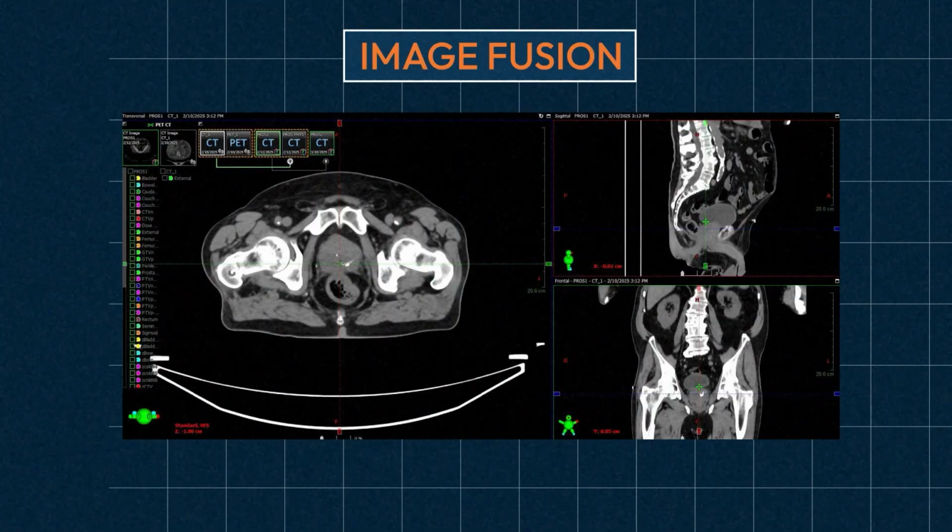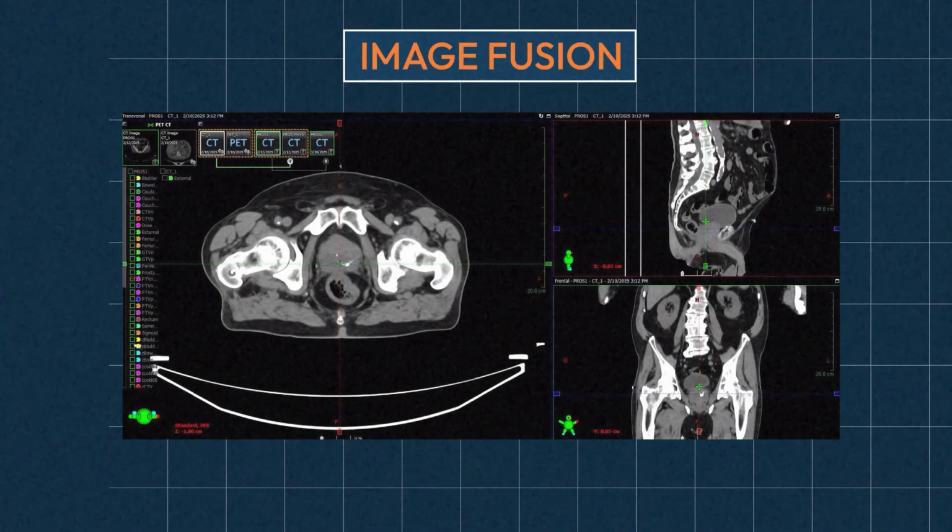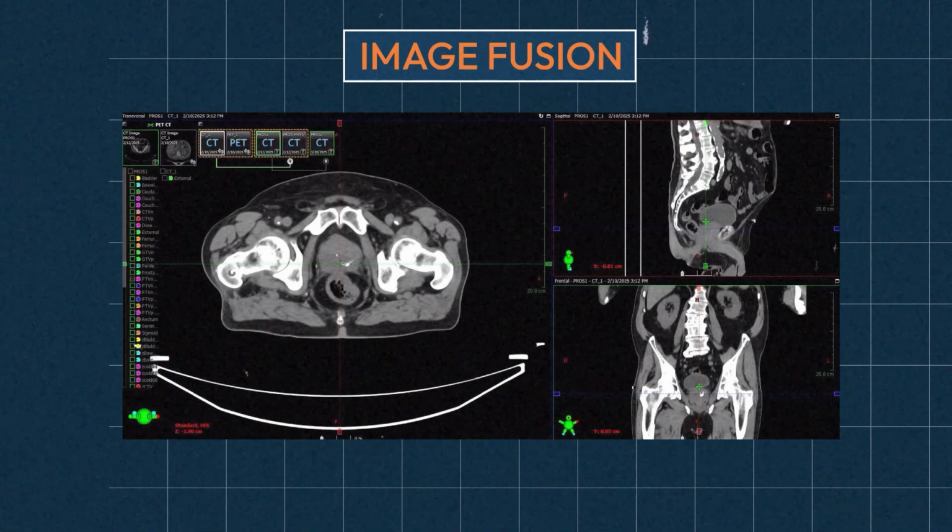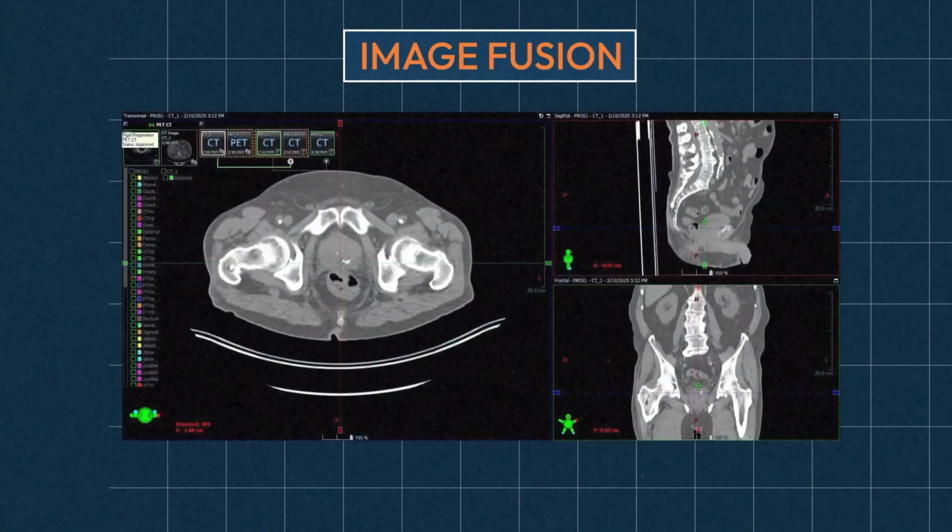Now, since you have CT as the common denominator between those two image sets, you can typically fuse these fairly easily based on the bony anatomy from the two CTs, which will get you very close, and then you may need to adapt the fusion a little bit because the two sets of scans are acquired with men in slightly different positions. But here we have our simulation CT.